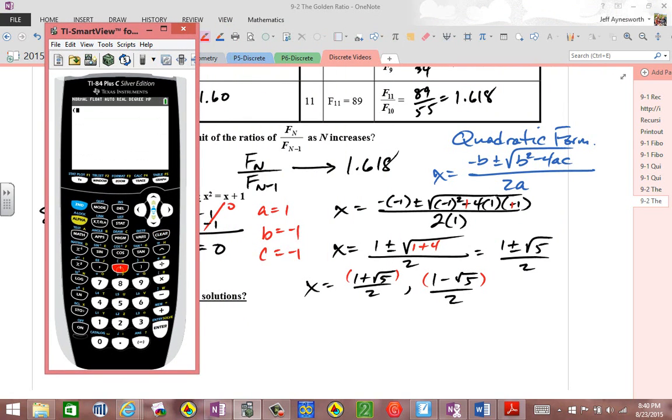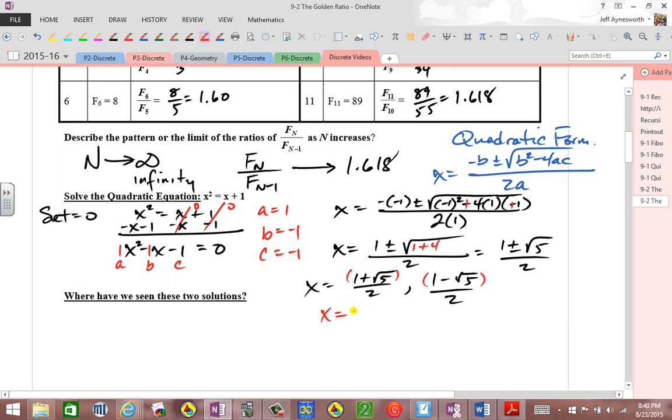Take the quantity, left parenthesis, 1 plus the square root of 5, get out of the root sign, right parenthesis, divide that by 2 and hit enter. And notice, oh my gosh, look at that number. We've seen that in the table of ratios before: 1.618. So x is equal to 1.618.